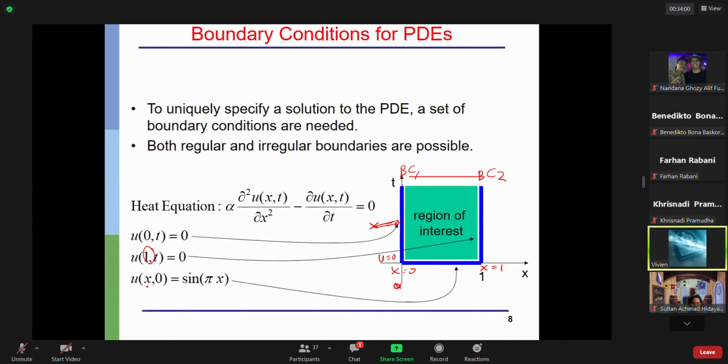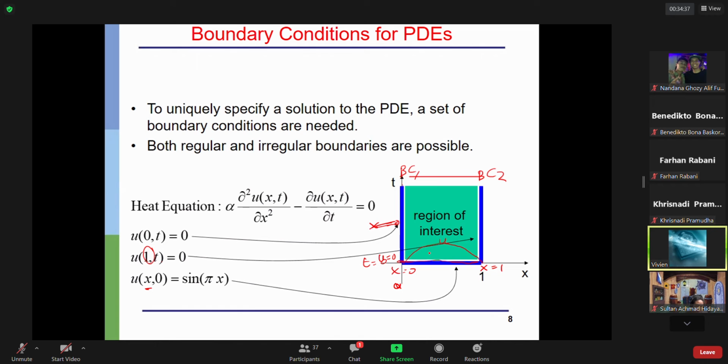And then we have u for all x at t equals 0. So if t is equal to 0, at this point we have, for all x, sin(pi x). So it means that we will have this sort of distribution, this profile for u, which is sin(pi x), for example, like that.